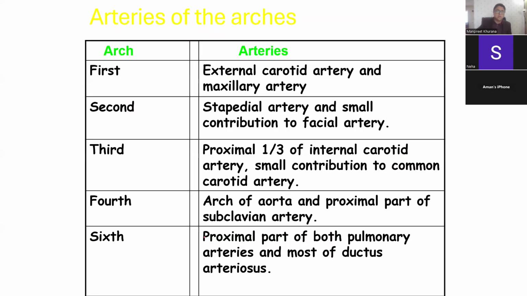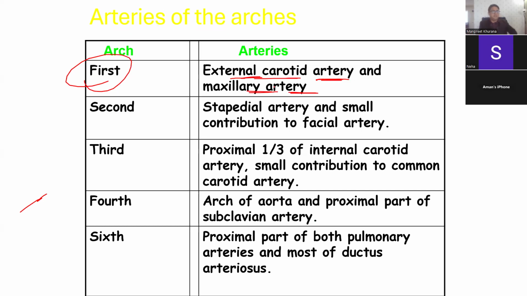Now the artery which is associated with the first pharyngeal arch is the external carotid artery and the maxillary artery. Now, I'll just open up a small diagram of the arteries. With that diagram, you will understand in one go.